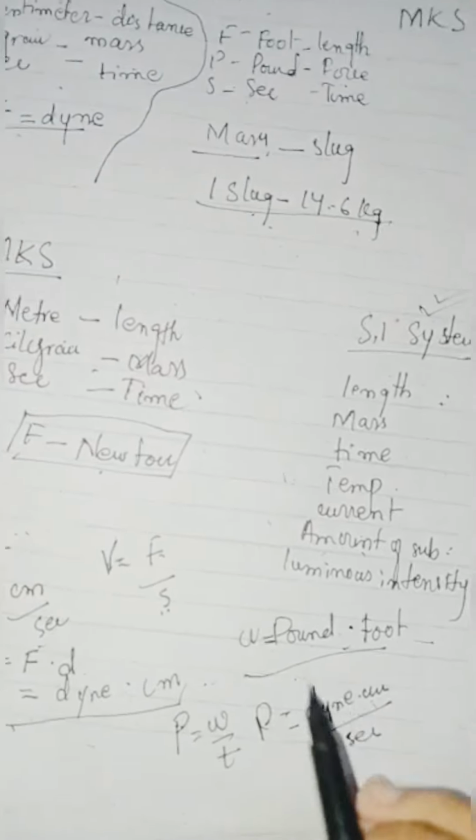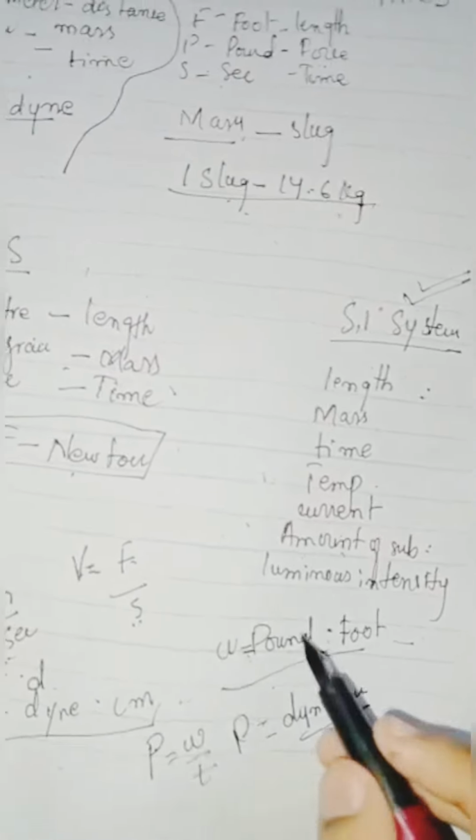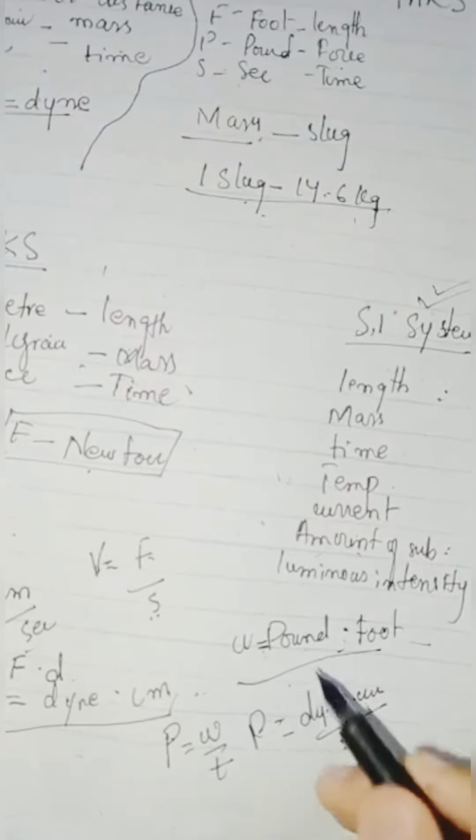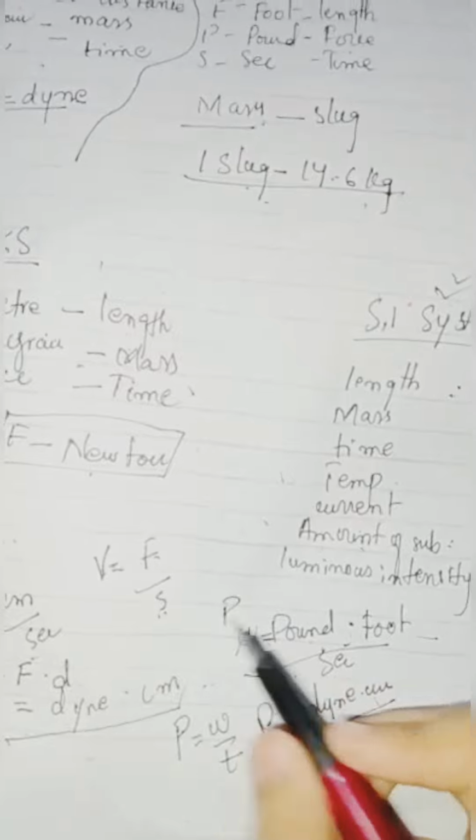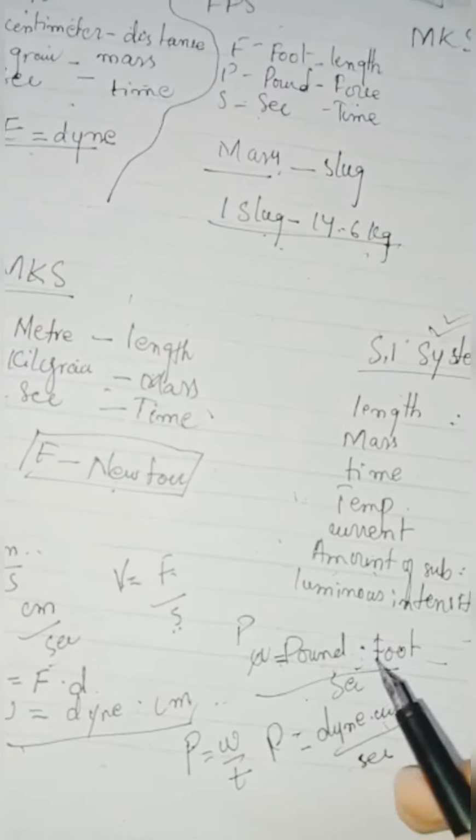The work is pound into foot, and time is second. So the unit of power in FPS system will be pound into foot upon second.